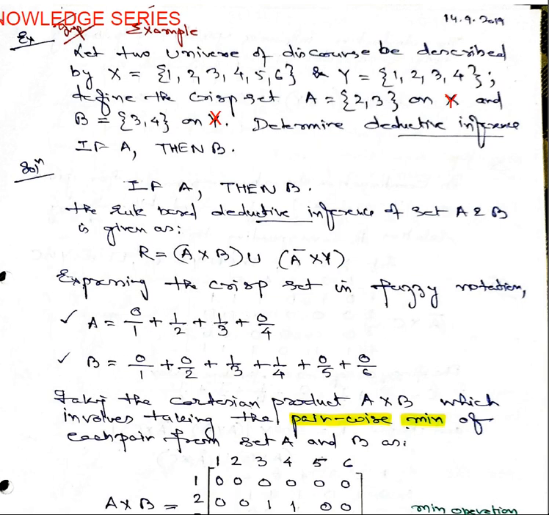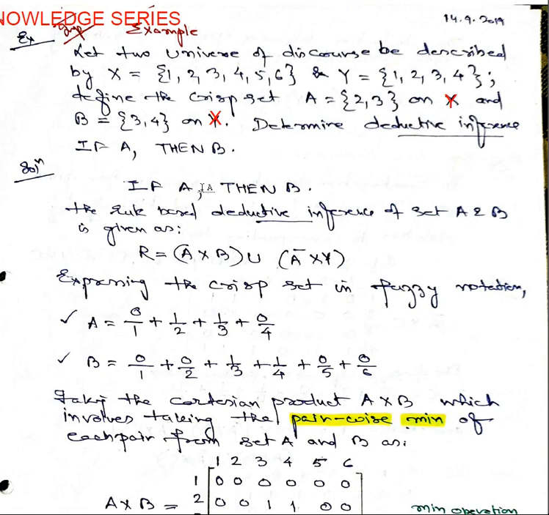Now when you talk about B, you try to see B is 3, 4 for the universe of discourse X. So when you look at this particular problem, you will find that in B, 3 and 4 exist, whereas 1, 2, 5 and 6 are missing.